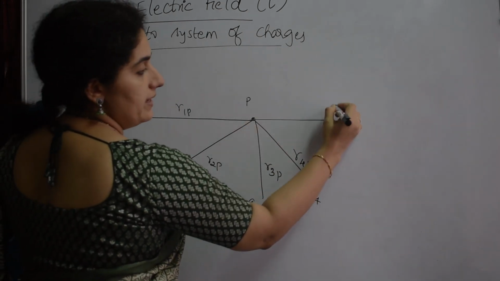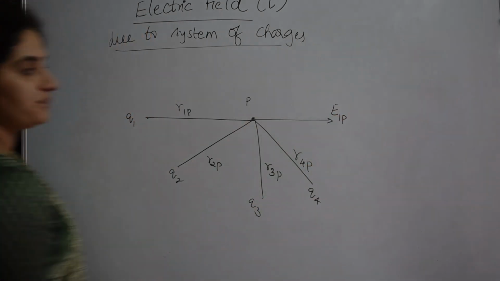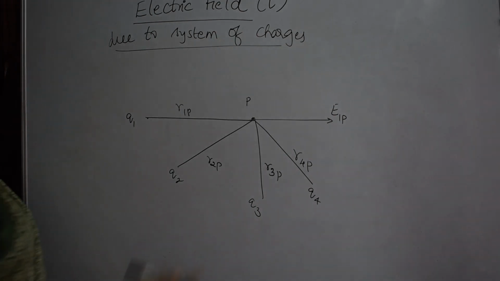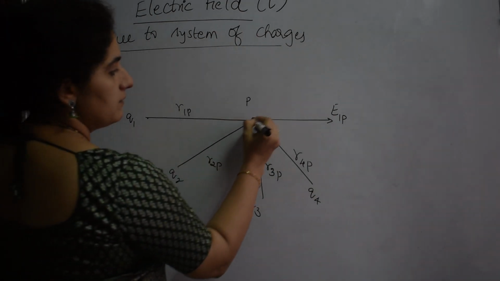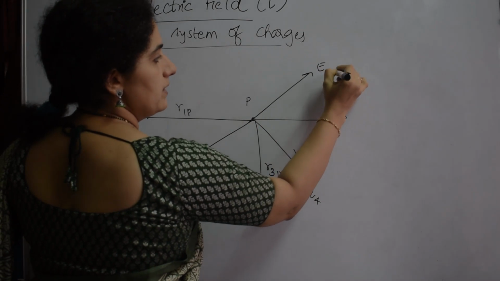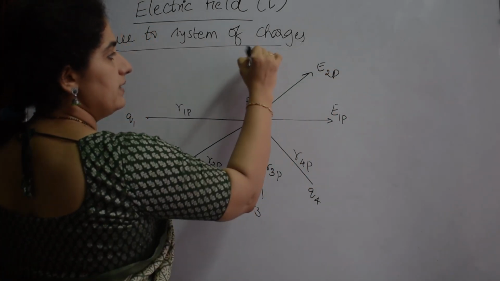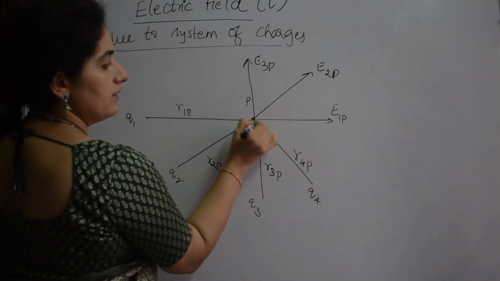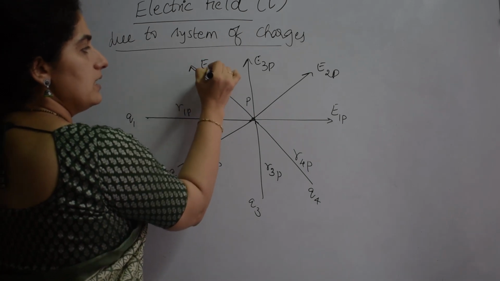So now this will be E1P in this direction. We say that it is E2P. This will be E3P. This will be outwards E4P.